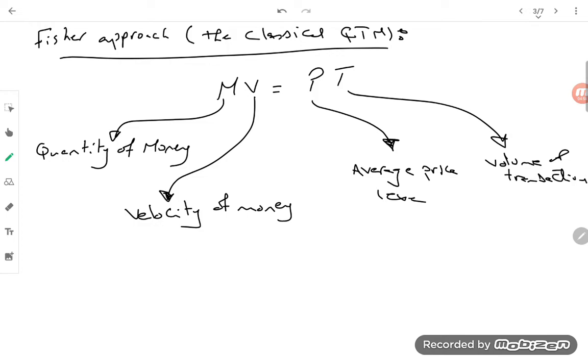We can also define it as the final goods and services produced in a country during a specific period of time. So this is the amount of final goods and services.